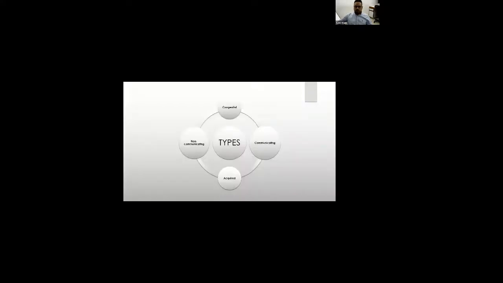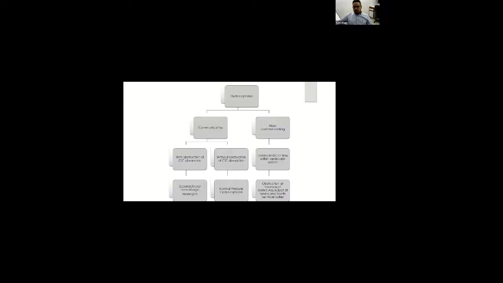So now talking about the types, broadly it's classified into communicating and non-communicating, and then into congenital and acquired. Communicating is further divided: when there is obstruction of CSF absorption, the causes would be subarachnoid hemorrhage, meningitis, etc. And when there is no obstruction of CSF absorption, then the cause is normal pressure hydrocephalus.